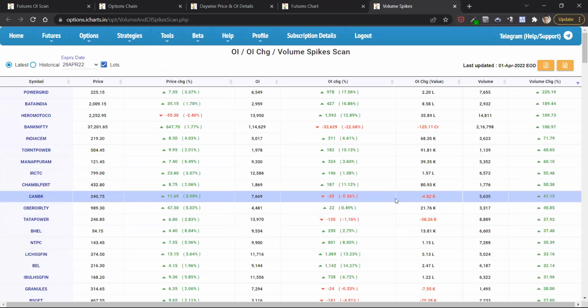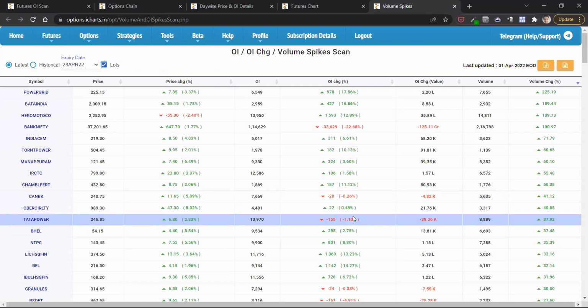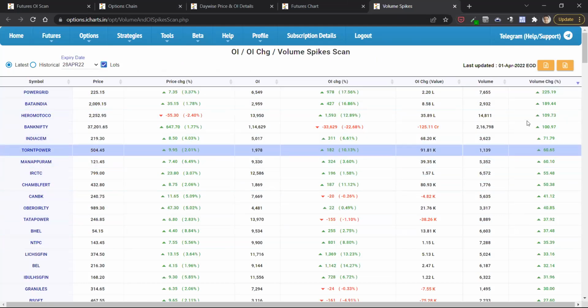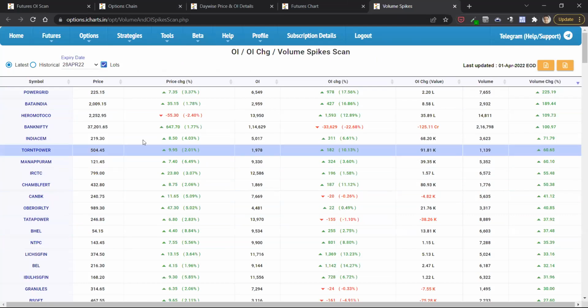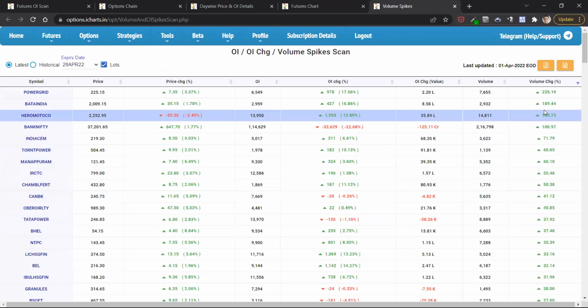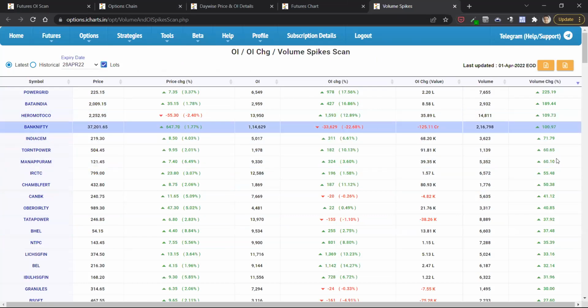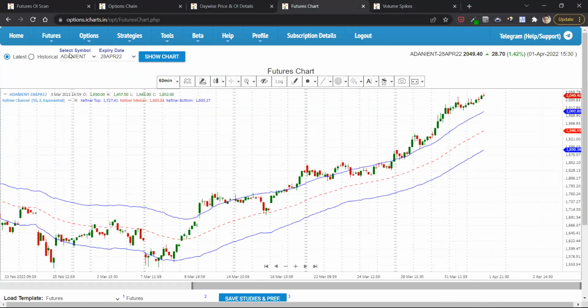If you're carrying bullish positions to the next day, you can check here and see how many 100% volume changes there are, and out of those, how many are bullish. If you see the market is really strong and strongly going up, and you don't see too many 100% changes, then there is some problem. I mean, the volume is not supporting the move. I've found this lots of times.